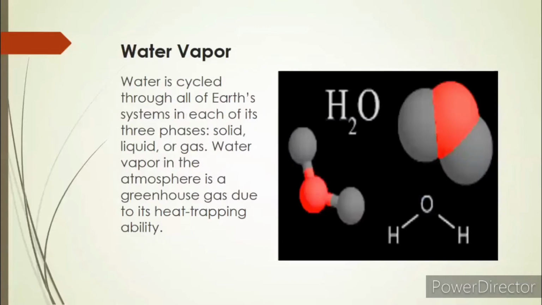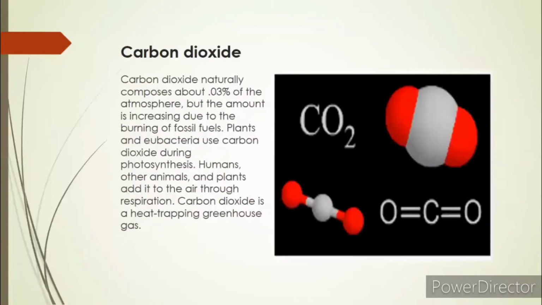Water vapor. Water vapor cycles through all of Earth's systems in each of its three phases: solid, liquid, or gas. Water vapor in the atmosphere is a greenhouse gas due to its heat-trapping ability. Carbon dioxide.